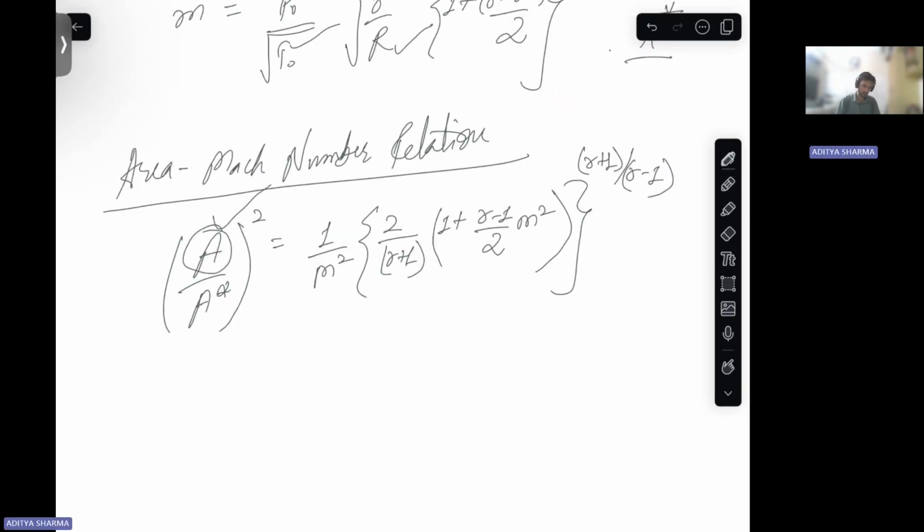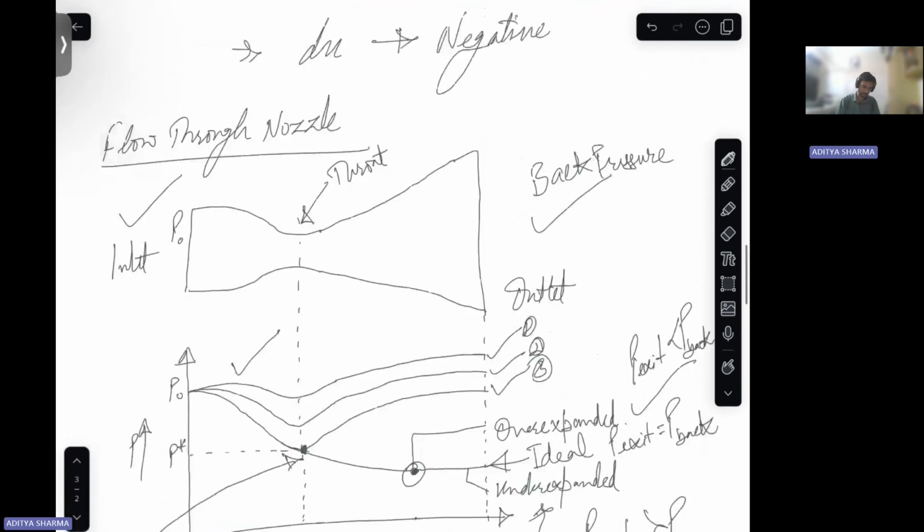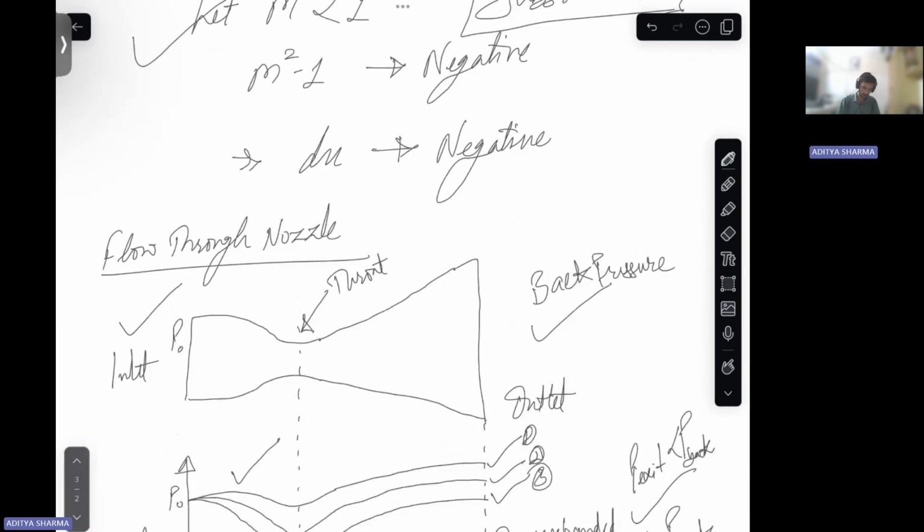So this is your area relation. If you see the figure, let's say you have some area A at this section, and this is your area A star.